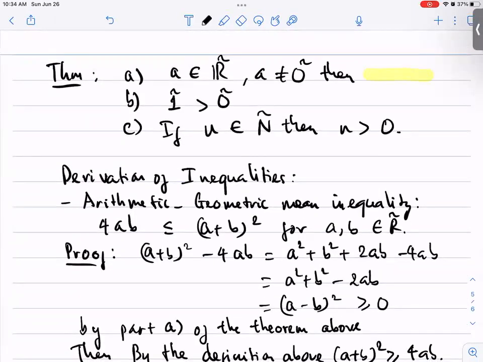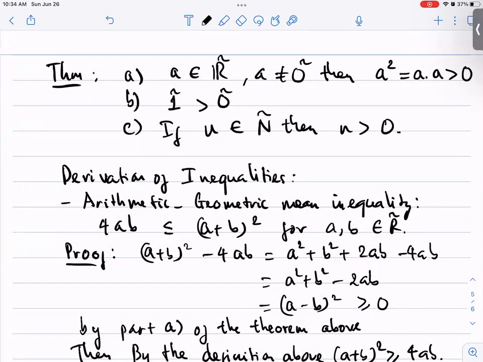Another theorem here says the following: if A is a real number and A is not equal to 0, then in this case, A squared, which is the product of A with itself, must be greater than 0.